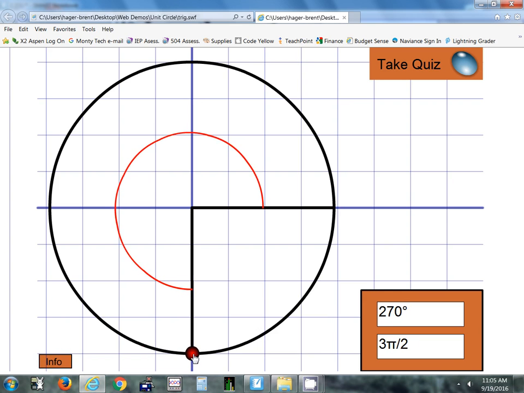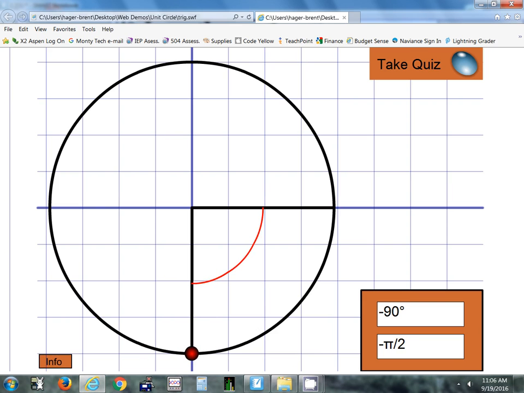Anybody think they could tell me what it would be as a negative angle? Instead of going counterclockwise, what if I went the other way? How much would I have to go? Sam? Negative 90. Negative 90 and 270 are exactly the same thing. They both land at the same spot. Any questions on that fact?